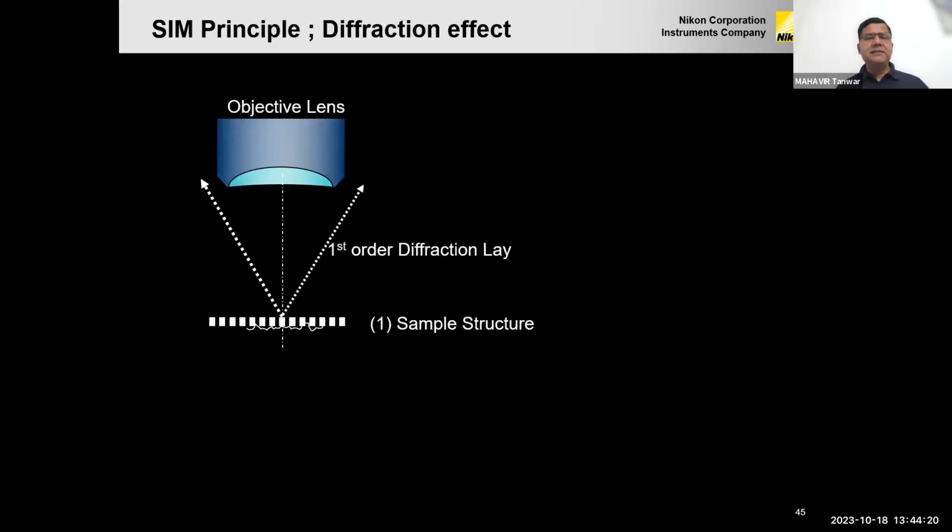Now, how does it happen? Let's say this is the objective. Our plan is that the 0 order is going inside, +1 and -1 are out, and there is a sample structure which has some frequency. We implement the structured illumination on that.